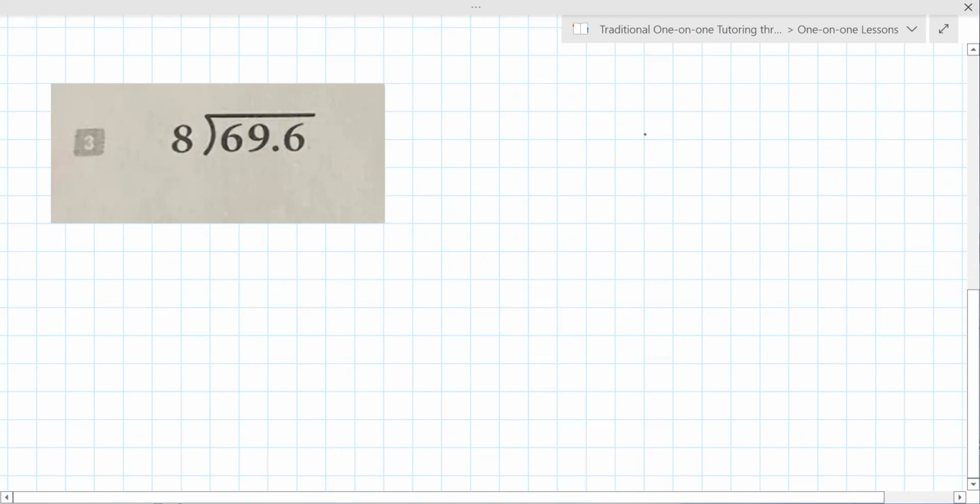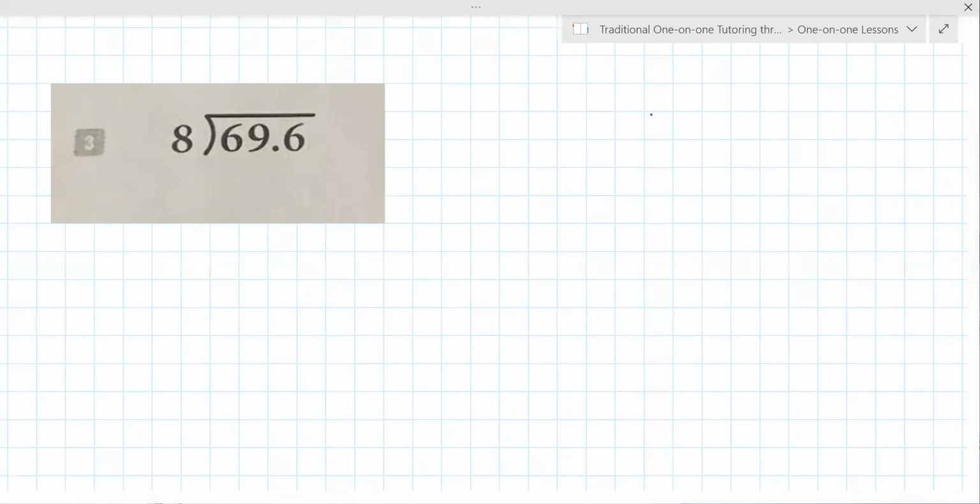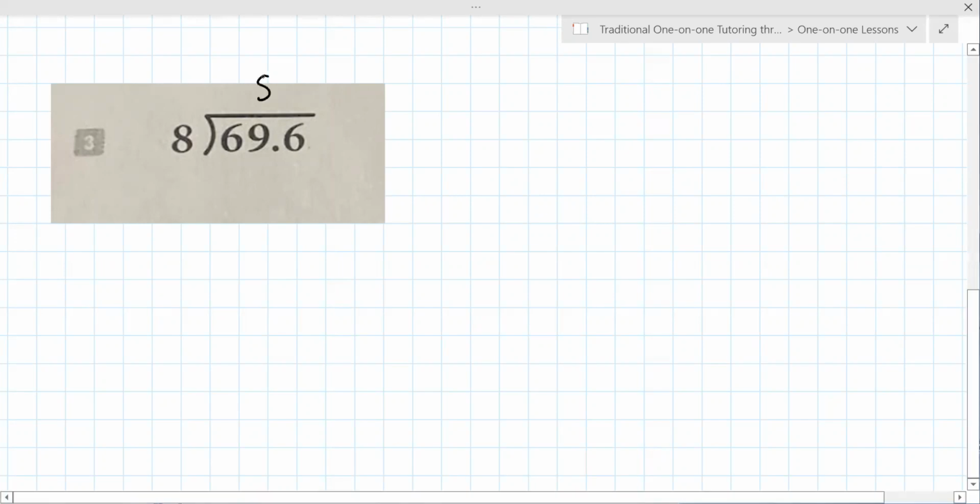Can 8 go into 69 7 or 8 times? 8 times, because 8 times 8 is 64. Very good. Eight times 8 is 64, and then you subtract.